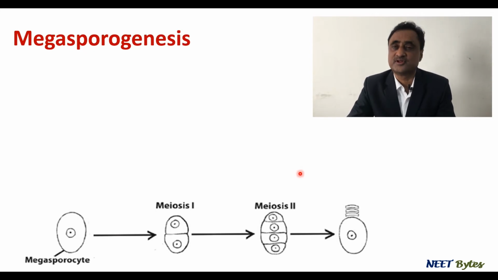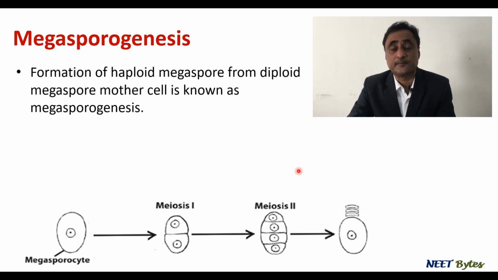So first of all, let's have a definition. In all of these things, we need to understand what is the starting point and what is the ending point. Megasporogenesis means that we are talking about the development of the megaspore from the diploid megaspore mother cell. So a haploid megaspore is going to develop from a diploid megaspore mother cell. So obviously, it is going to involve meiotic division, right?